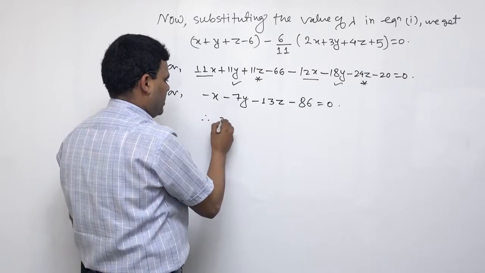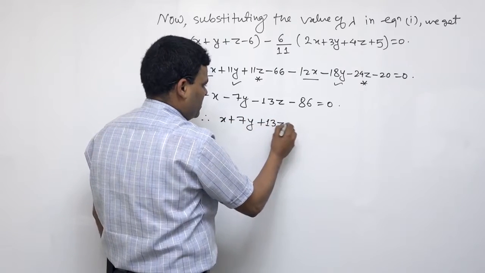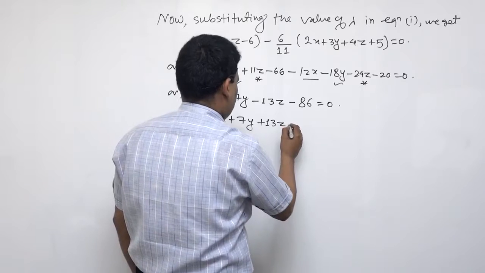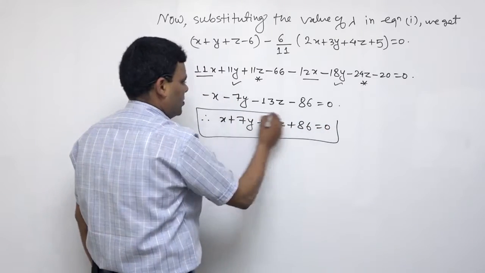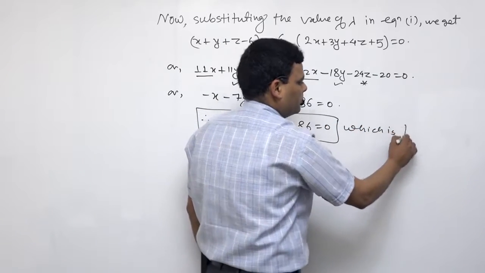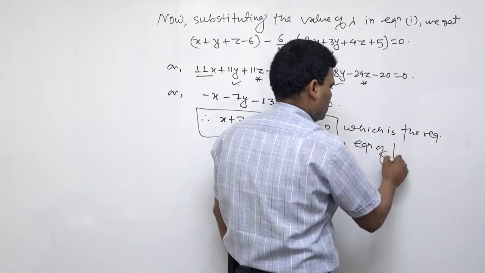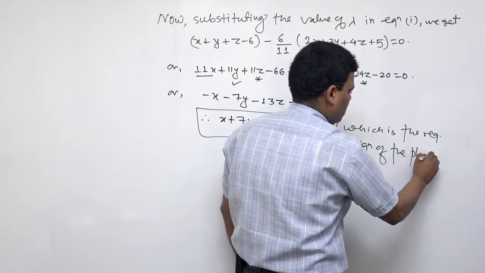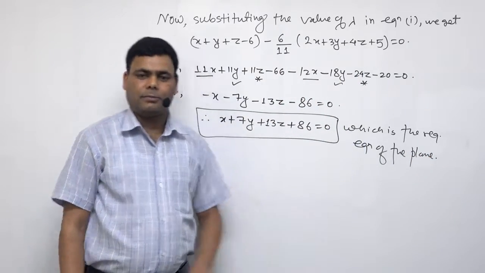Therefore, x plus 7y plus 13z plus 86 equals to 0, which is the required equation of the plane.